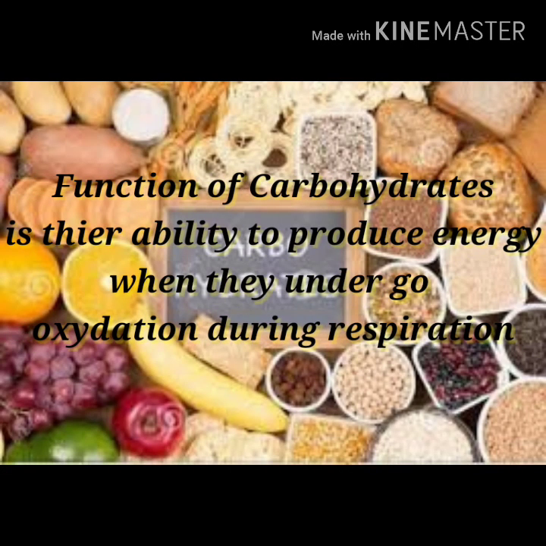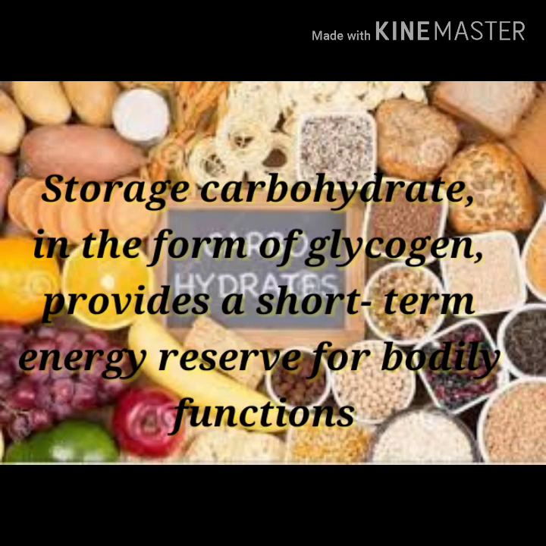The average human diet contains two-thirds carbohydrates. The usefulness of carbohydrates is their ability to produce energy when they undergo oxidation during respiration. Storage carbohydrate in the form of glycogen provides a short-term energy reserve for bodily functions.